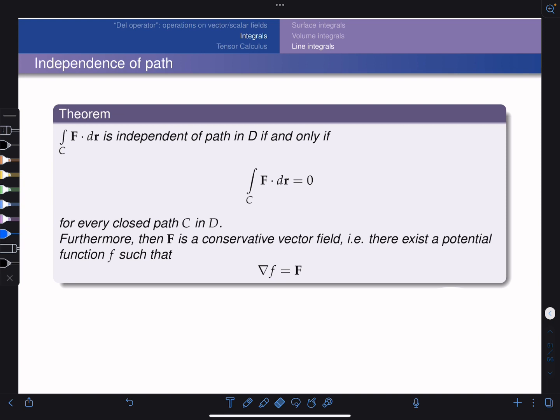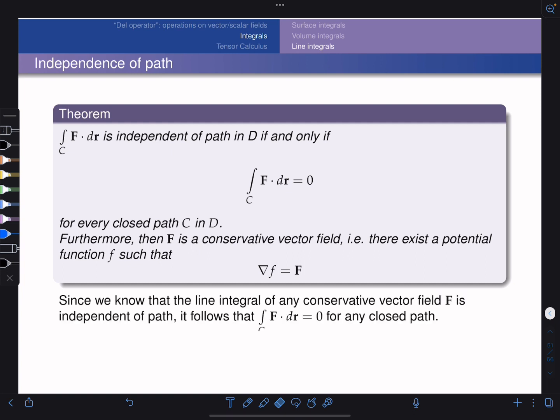So there exists a potential function f such that the gradient of f is equal to our vector field big F. Since we know that the line integral of any conservative vector field F is independent of path, then we have that the line integral is equal to 0 for any closed path.